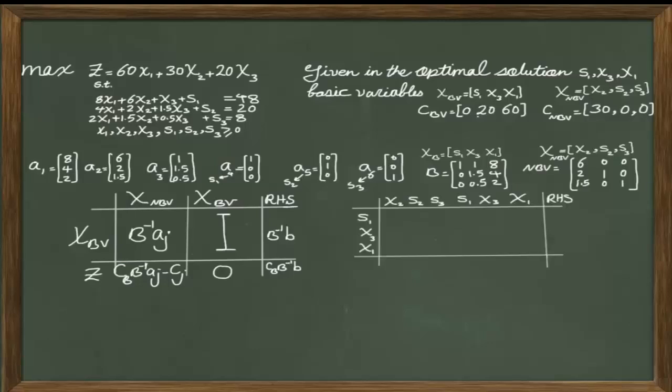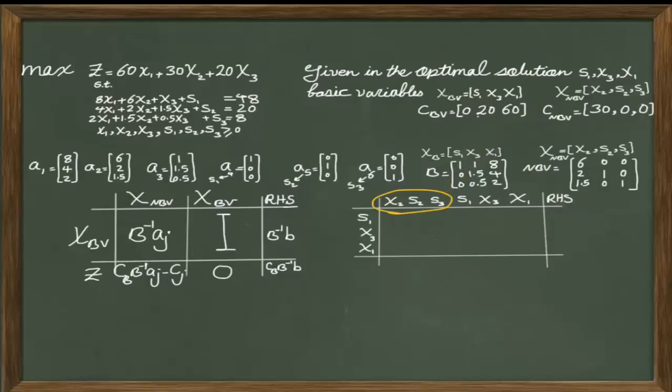So let's form our table according to what we see in the left hand side. So this part should be the basic variables. We already know that S1, X3, and X1 are basic variables. I keep the same order here as well. And this part, which is related to non-basic variables, I write all the non-basic variables that I already defined in the XNBV.